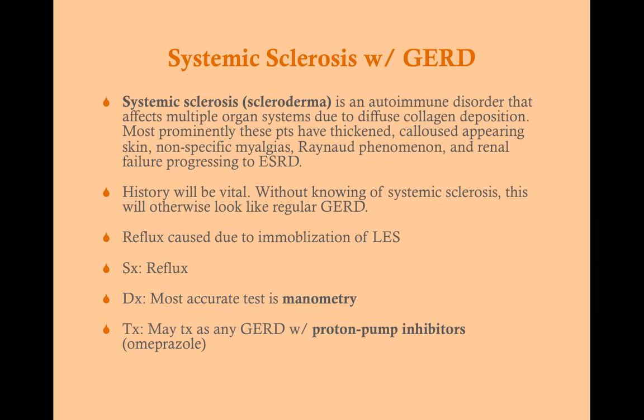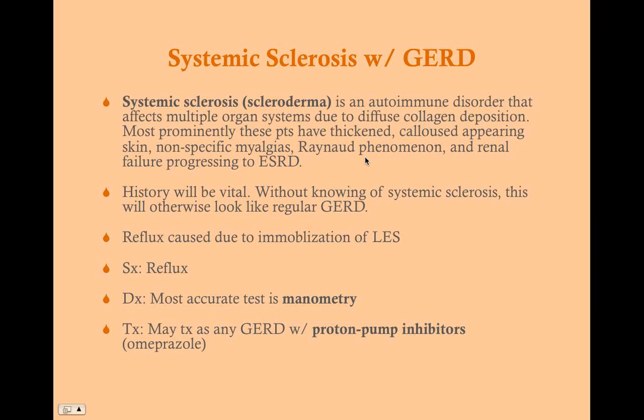So therefore the diagnosis of GERD secondary to systemic sclerosis is going to be very, very reliant on the history. If you don't know that the patient has systemic sclerosis, you're going to just diagnose this patient with GERD. So you need to know that the patient has systemic sclerosis, so you have to know what the symptoms are of systemic sclerosis, which is what I described here.